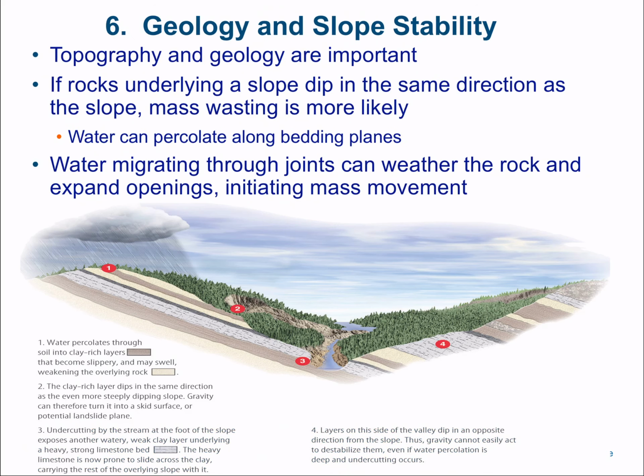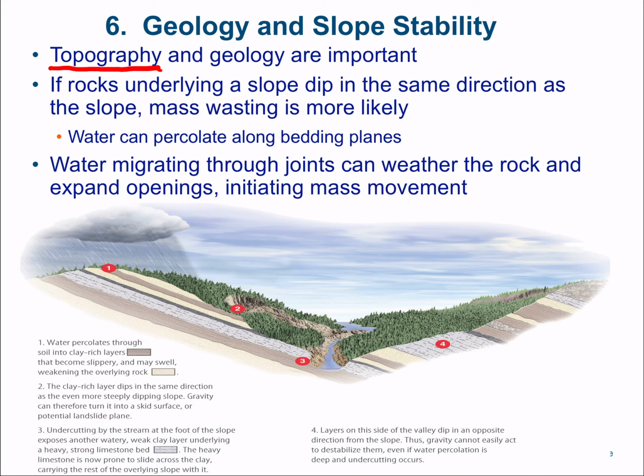I could also look at the geology in terms of slope stability. So topography, this word right here, means configuration of the land surface. Am I dealing with flat land? Am I dealing with hilly land? Am I dealing with mountainous land? Those two, topography and geology, are very important.